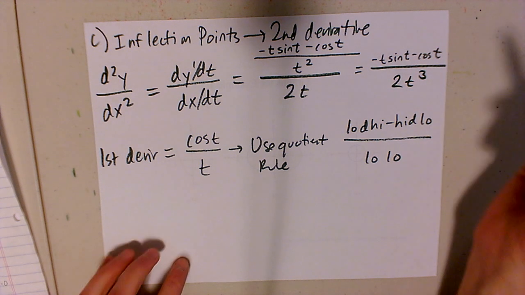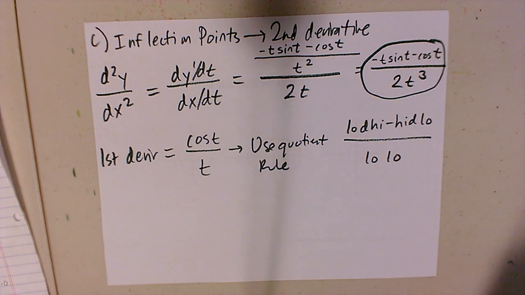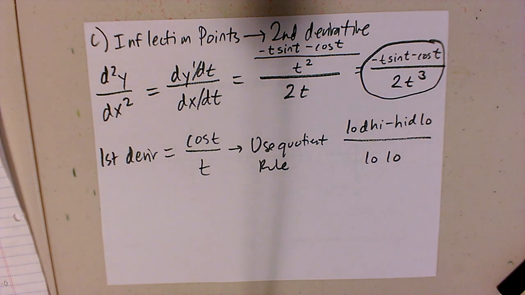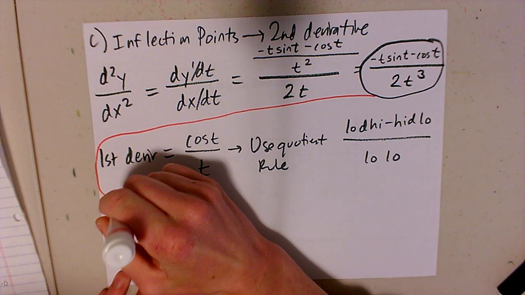So this is our second derivative, and that's a nice mess. To get that inflection point solution, we can graph that on the calculator. Let's take this down here, and we'll talk about our next step with that.